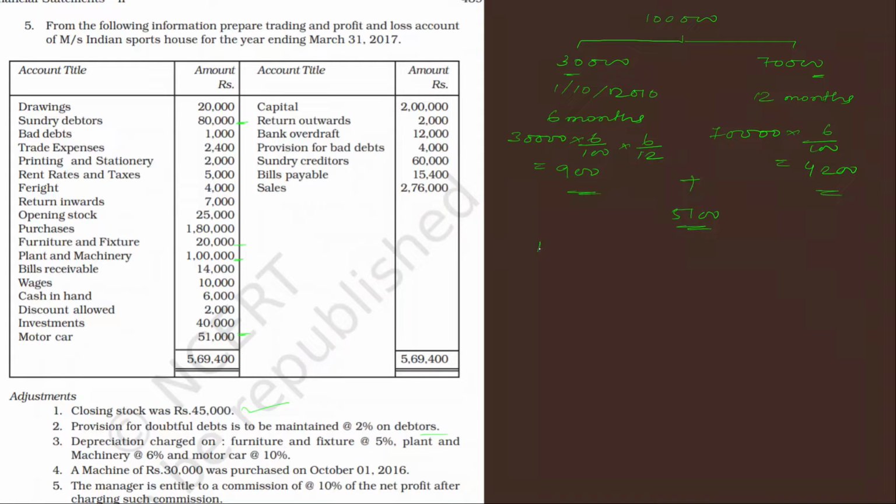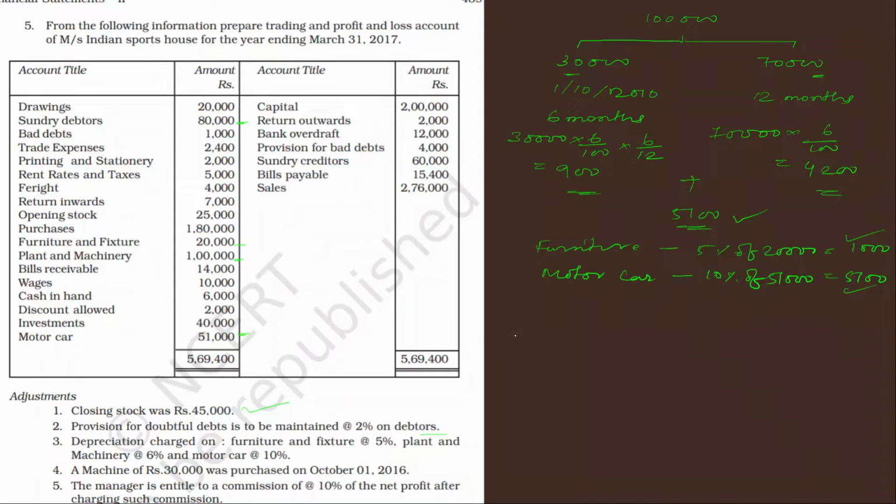Now depreciation for furniture will be 5% of 20,000, that comes to rupees 1000. Motor car is 10% of 51,000, that comes to around 5100. Anything else? No, there's no other depreciation. So for plant and machinery you got 5100, for furniture you got 1000, for motor car you got 5100.